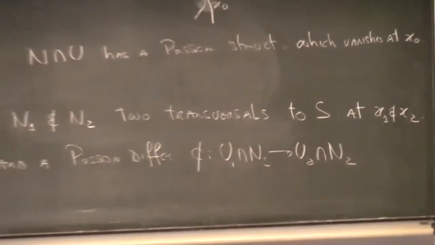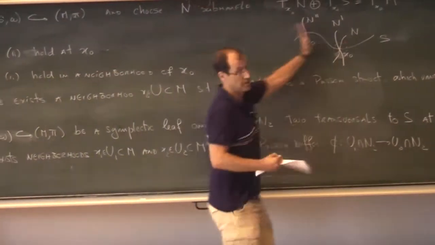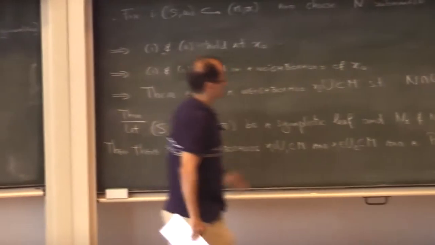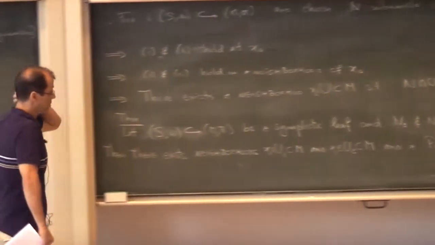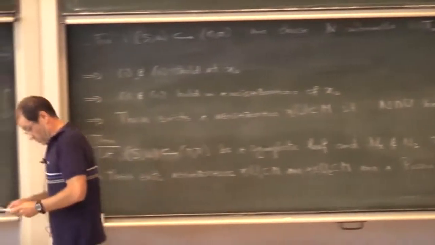So although there is no canonical choice of this transverse factor, any choice will give you Poisson diffeomorphic objects. So this transverse Poisson structure is well defined. It's up to Poisson diffeomorphism, up to equivalence.